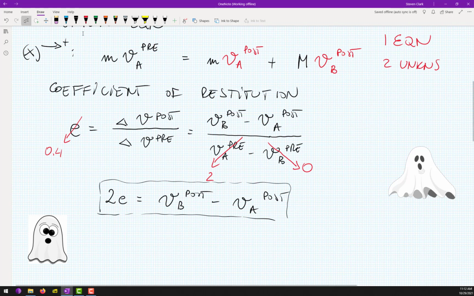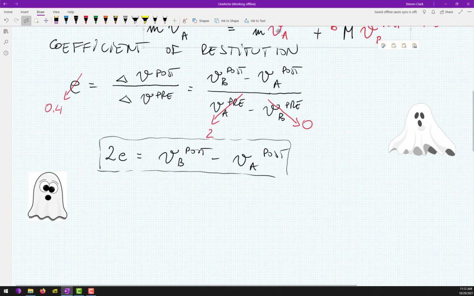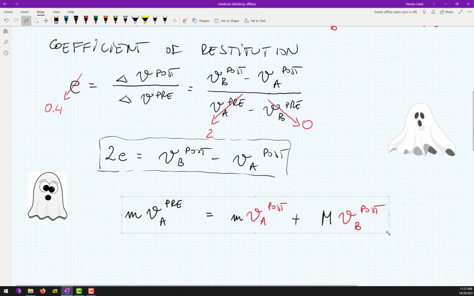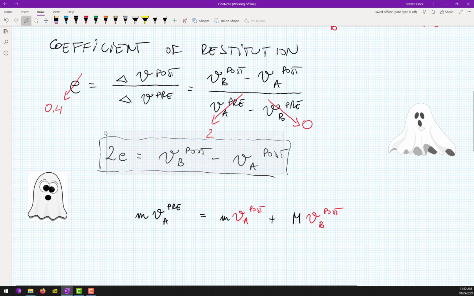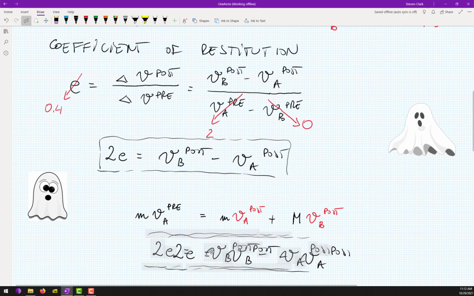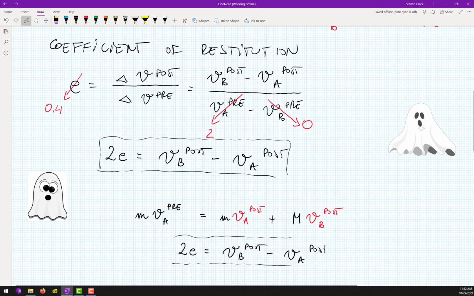Let's put it together. So we'll have this equation, and we'll also have this equation. This one and this one. 2 equations and 2 unknowns.